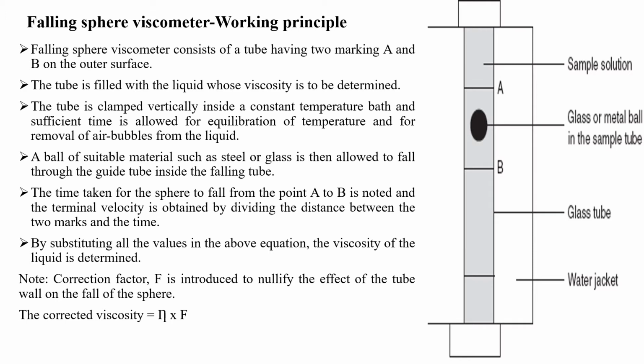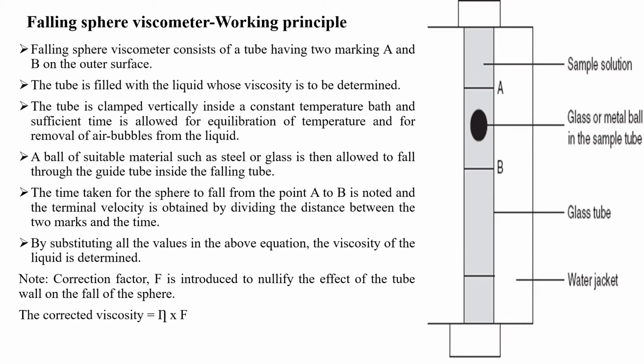We'll have the column which is surrounded by a water jacket, which has 2 marks A and B. The time taken by the metal ball to reach B from A is noted down. The distance between A and B is constant, so this distance divided by time gives the terminal velocity.